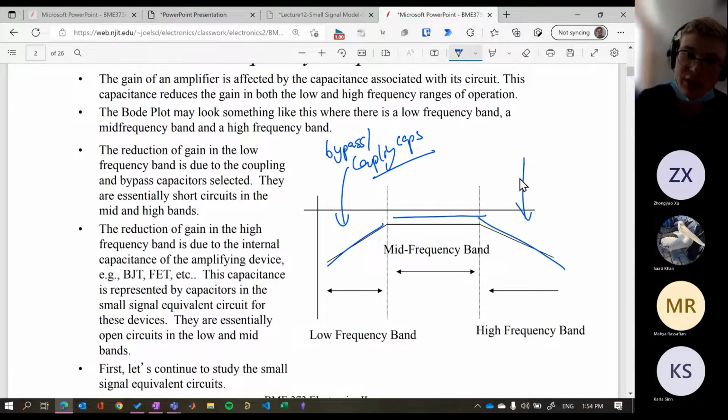And then at this high frequency, these are large capacitances. Here we have the capacitance that is sort of internal.